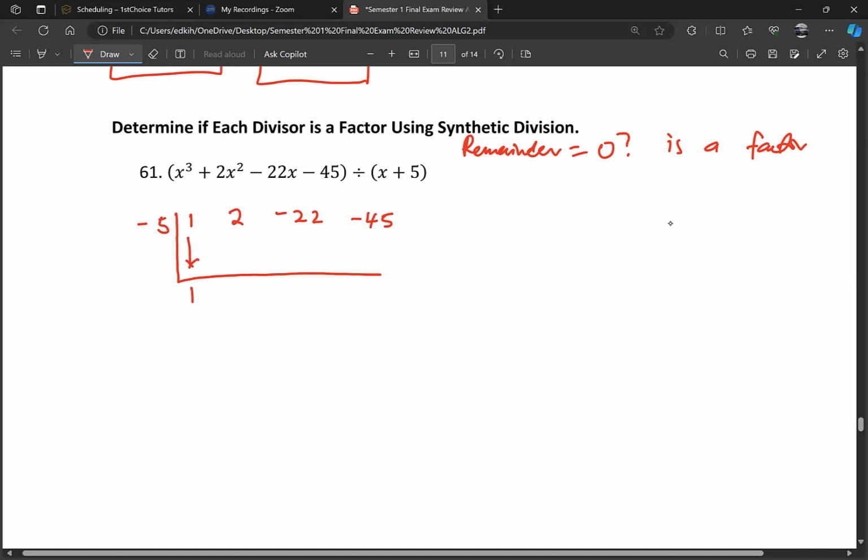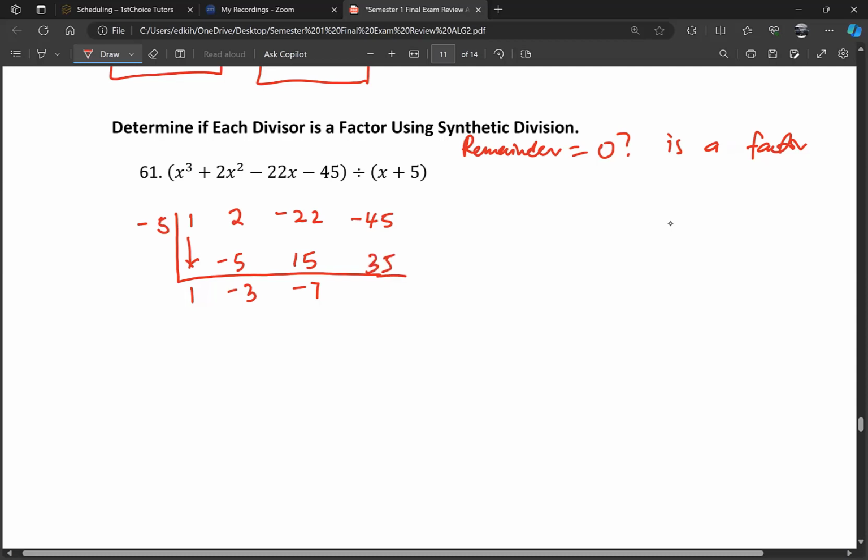Then you multiply. -5 times 1, -5. Then you add 2 minus 5 is -3. -5 times -3 is 15. Then you add these. -22 plus 15, I believe that's -7. -5 times -7 is +35.